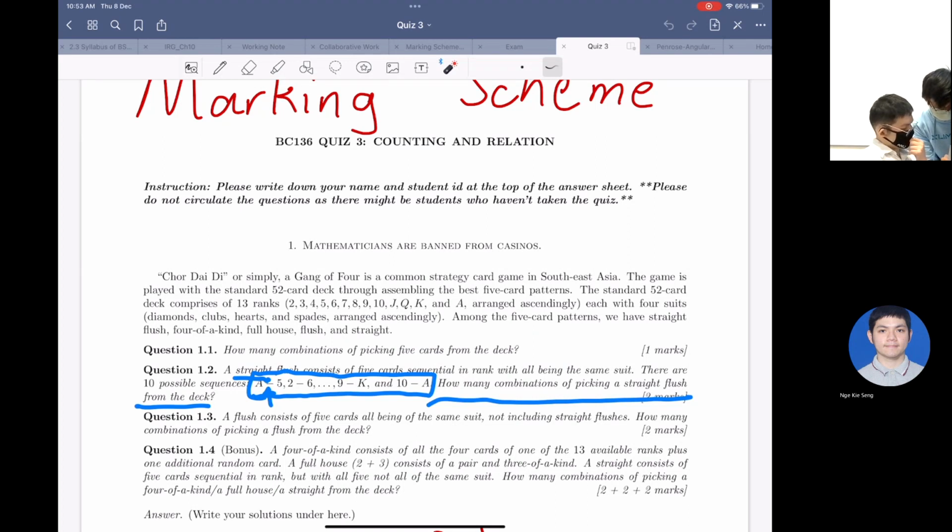So royal flush is... but we include straight front. How do you know about that?